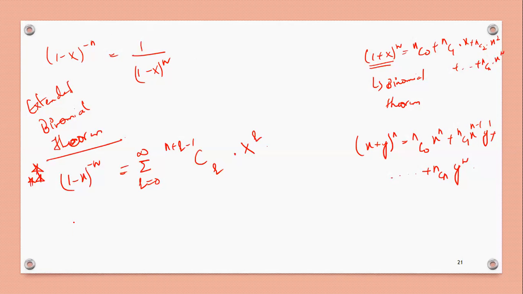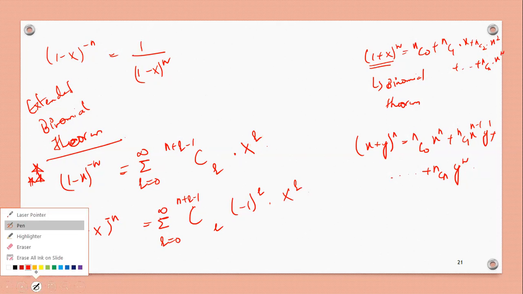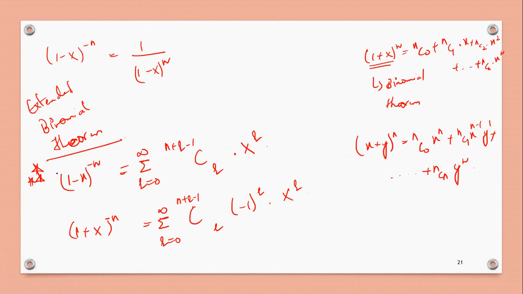Now instead of minus x, if I take plus x, I will have 1 plus x whole power minus n. It is given as r is equal to 0 to infinity n plus r minus 1 cr minus 1 power r into x power r. So both of these are formulas to be remembered and quite important.